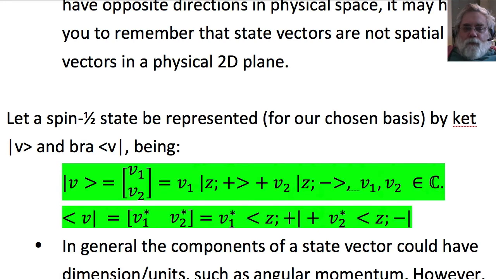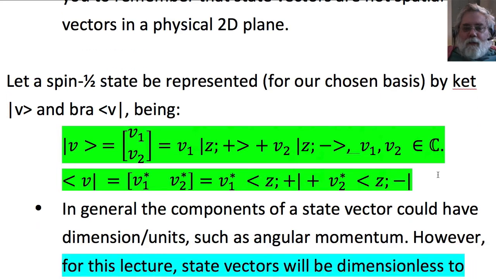Let a general spin 1/2 state be represented for our chosen basis by ket v, and bra v. Ket v is the column vector with components v sub 1 and v sub 2, complex numbers in general. In this column vector representation, we mean v sub 1 times ket z plus, which is our first basis vector, plus v sub 2 times ket z minus, which is our second basis vector.